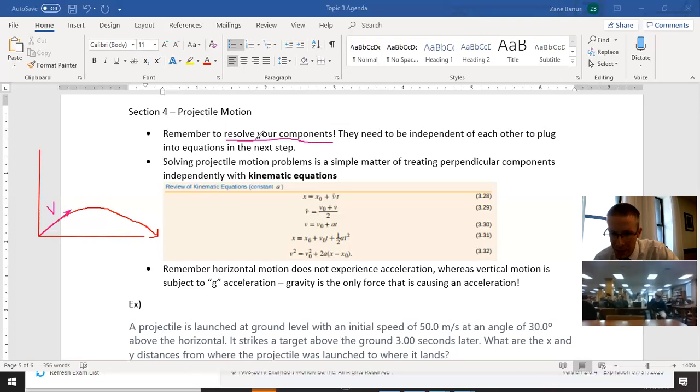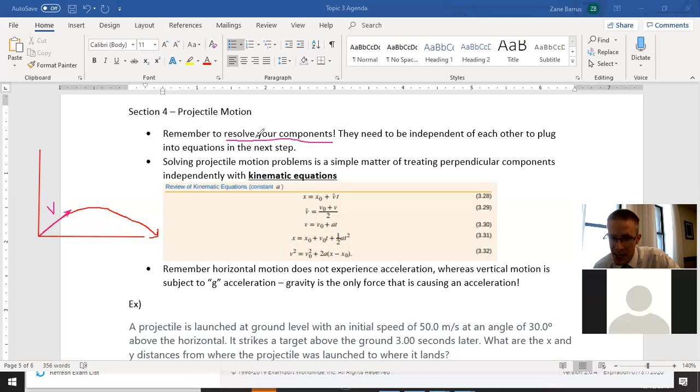Where the equations come into play is with your components. After you get your components, I just want to highlight something I typed in here. You need components to be independent of each other to plug into equations in your next step.